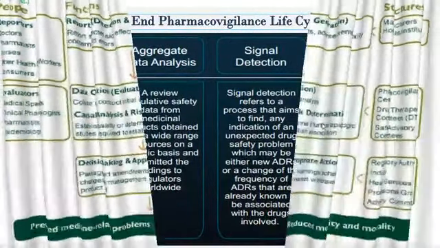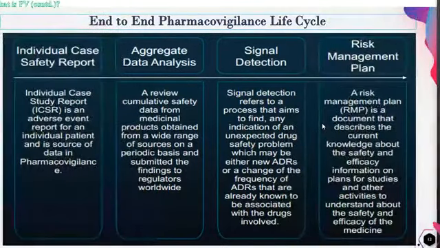As an extension to this, this is where you will start in the first few years, getting into ICSR handling and developing your expertise, and then you can move into further dimensions of PV. An individual case report, which we saw, is an adverse event report for an individual patient and is a source of data in pharmacovigilance. Basically it needs an identifiable patient, an adverse event, an identifiable reporter, and a suspect drug.